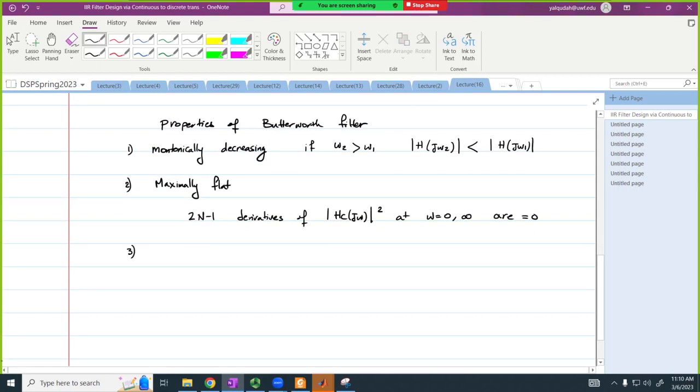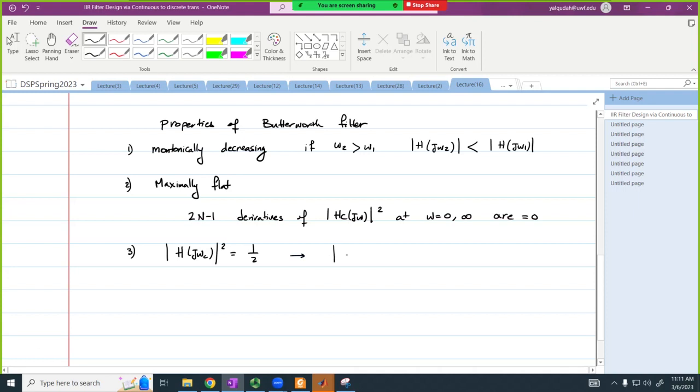Another property of the Butterworth filter: the squared magnitude of H at j omega c is going to equal 1/2. There's a cutoff frequency that we define as omega cutoff, and the frequency response squared at that cutoff frequency is equal to 1/2.